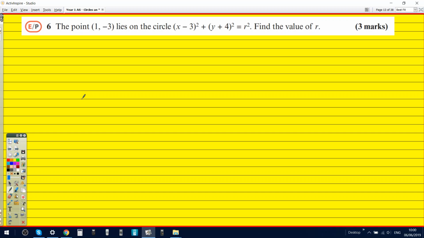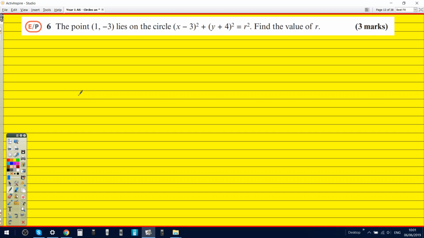Exam question. Okay. So put that into our equation.